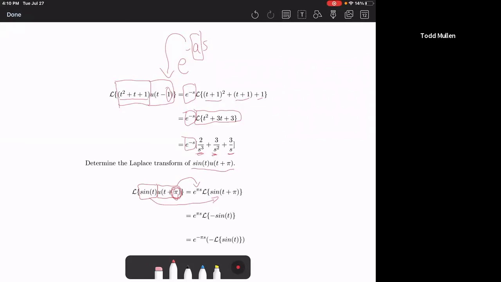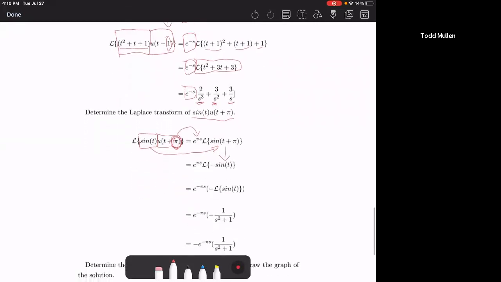Now, one of our old trig identities is that sine of t plus pi is just negative sine of t. So that'll get us down to this next step. By the linearity of our Laplace transforms, we can take this negative sign and bring it outside. So that's how the negative came outside the brackets.